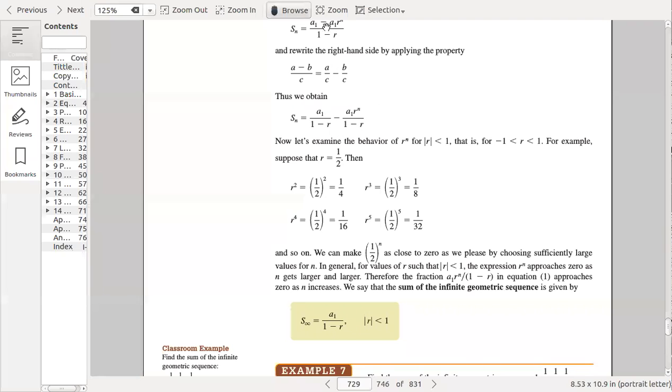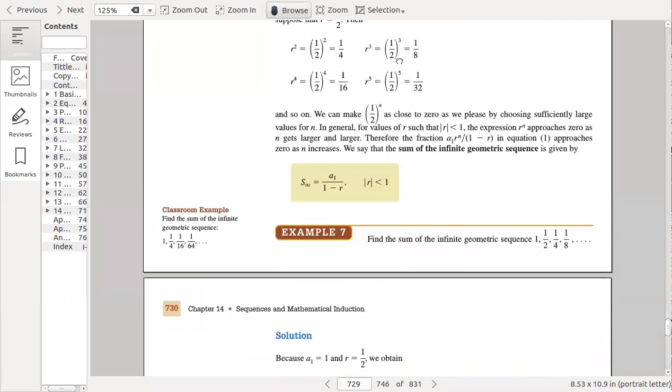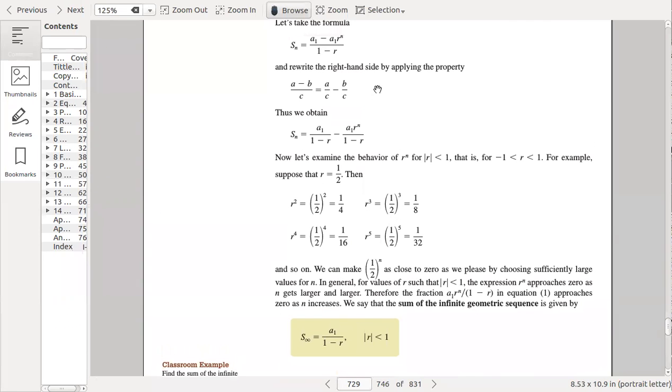It means we have split this formula as a sum of two terms. Since the coming terms are decreasing and less than the existing terms, we can skip this second term, and then S infinite is equal to a1 over 1 minus r.